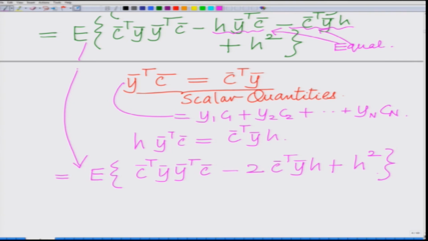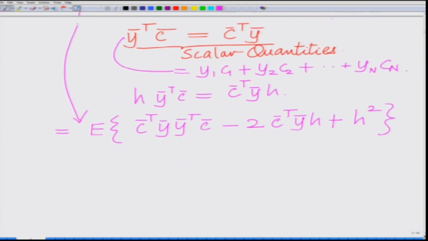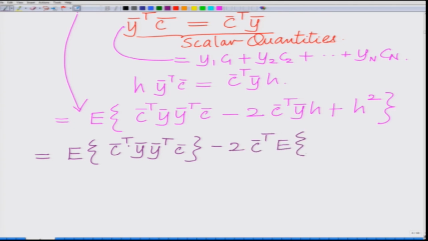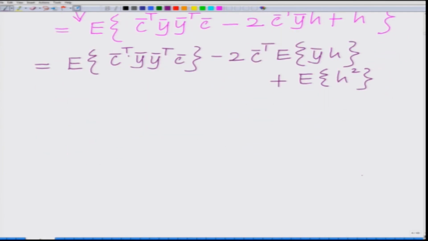Here we use the property that H times Y bar transpose C bar equals C bar transpose Y bar times H. Now we take the expectation operator inside, term by term: the expected value of C bar transpose Y bar Y bar transpose C bar minus twice C bar transpose expected value of Y bar H plus the expected value of H square.